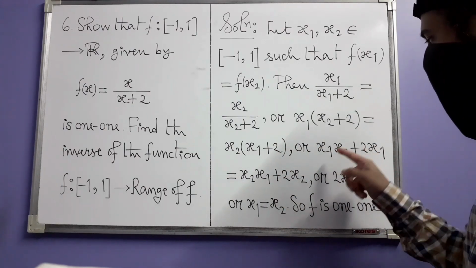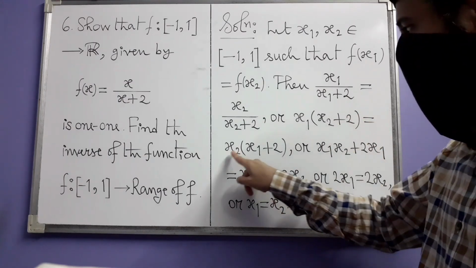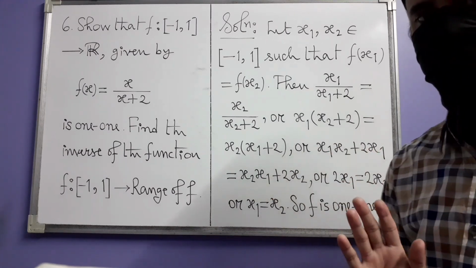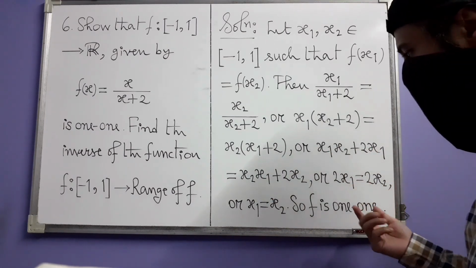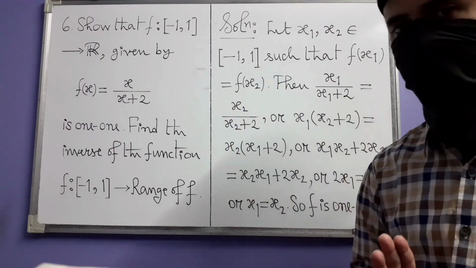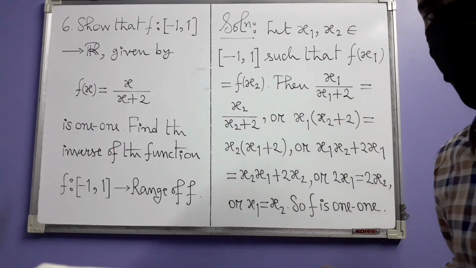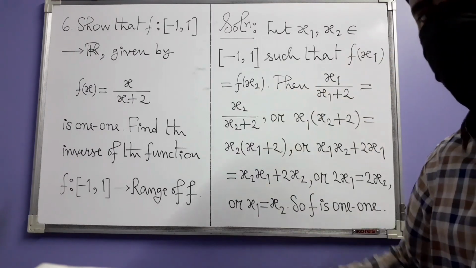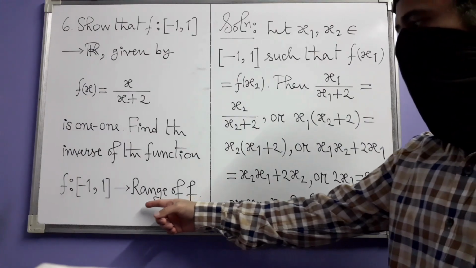That gives you x1 x2 plus 2x1 is equal to x2 x1 plus 2x2. Then you can cancel x1 x2 from both sides, leaving you with 2x1 equal to 2x2. Then after cancelling 2 also, you get x1 equal to x2, and that is why f is 1-1, because same outputs give you same input. And now we will find the inverse of this function.